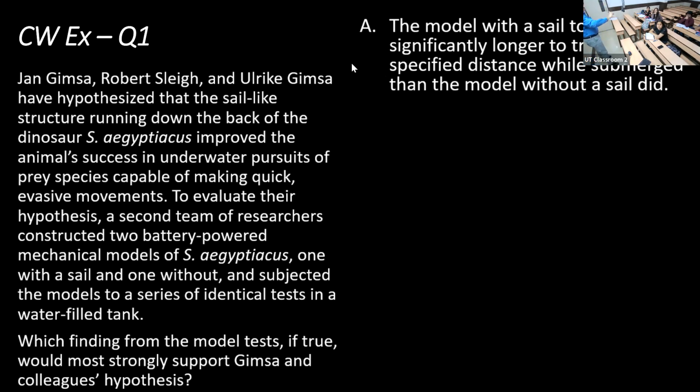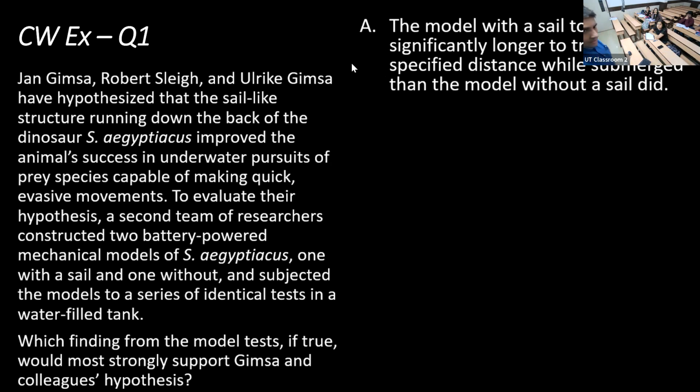So, जो भी उसके back पे sail थे, scales थे, whatever it was. So when they did that with some models to support this, the one with sail took longer time. Took longer time to travel some distance given without sail.